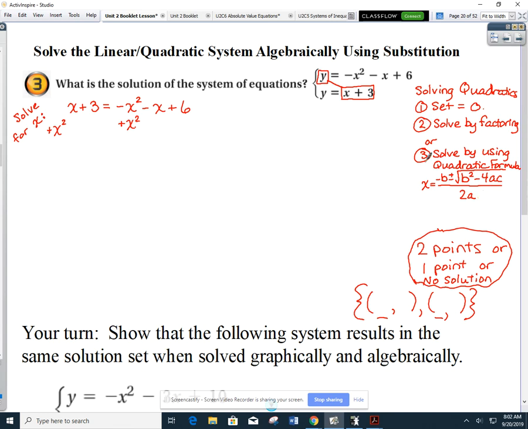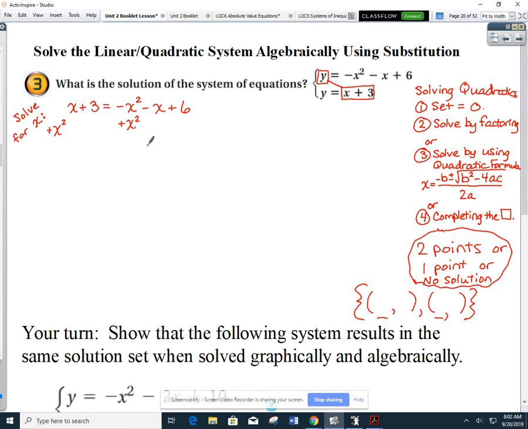These are the 2 most common methods used, but you do have the option, if you prefer, to solve by completing the square. Some of you don't like the quadratic formula, so you like to do completing the square. That's fine. However you are going to solve this, clearly we have a squared here. This is going to be a quadratic.